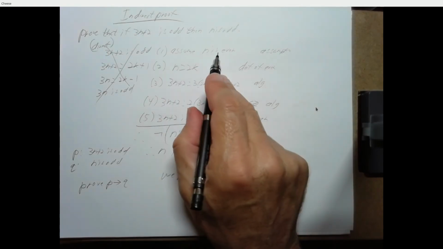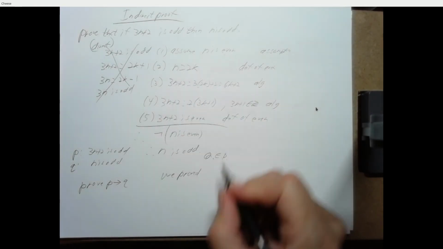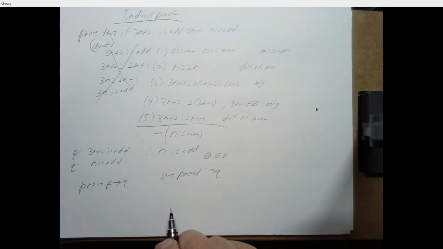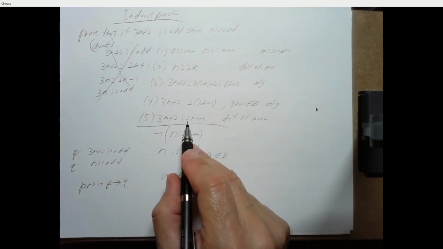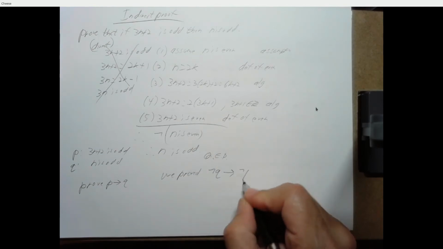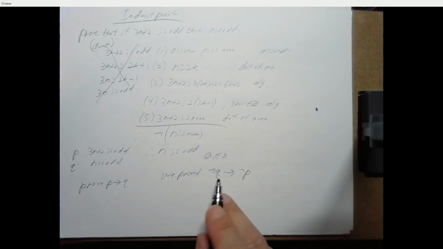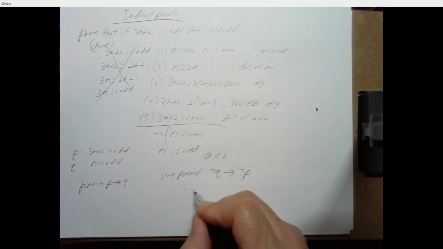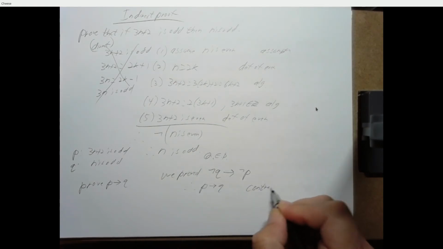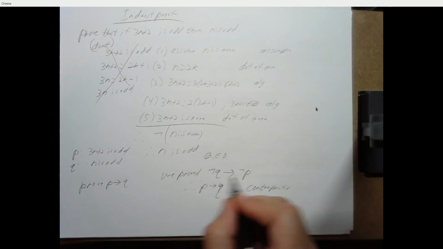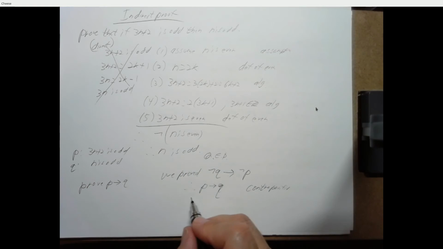We proved that if we negate the conclusion, if we start off with not Q, we end up with a negation of the hypothesis. We showed that P was false. Well, if not Q implies not P, then P must imply Q. That's the contrapositive. And so it's one step from the result of this indirect proof to showing what we were actually trying to show, which is if 3n plus 2 is odd, n is odd.